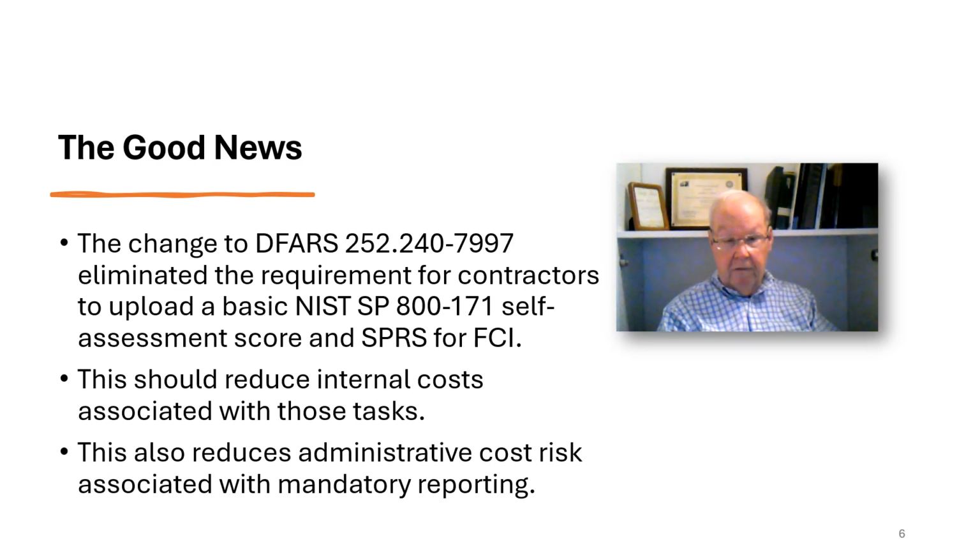The good news is the change to 7997 eliminated the requirement for contractors to upload a basic NIST SP 800-171 self-assessment score into SPRS to the government. That's not to say that you don't have to do it, but the requirement that used to be in 7020 does not exist in 7997. So you may not have to do that, and we'll talk about that in a second.